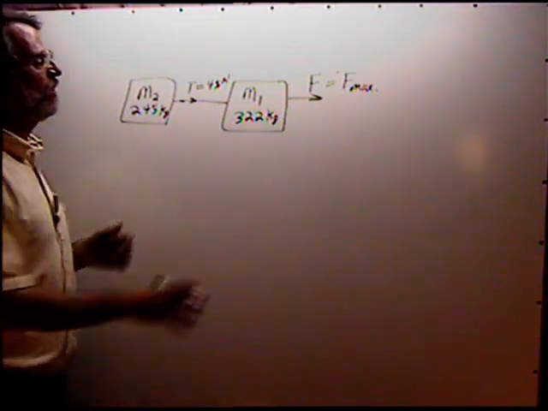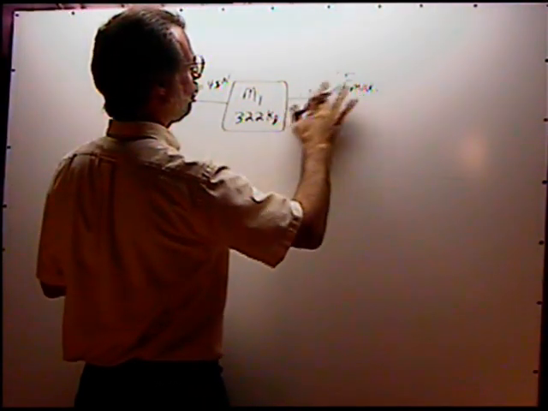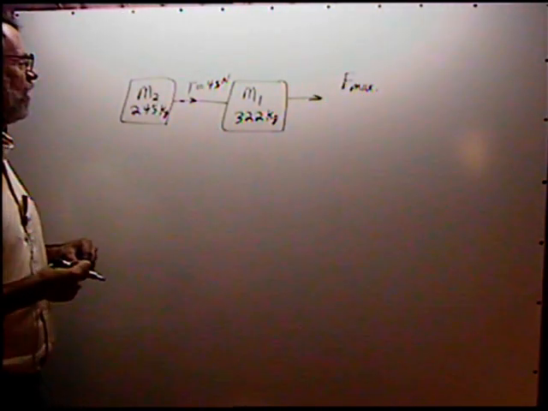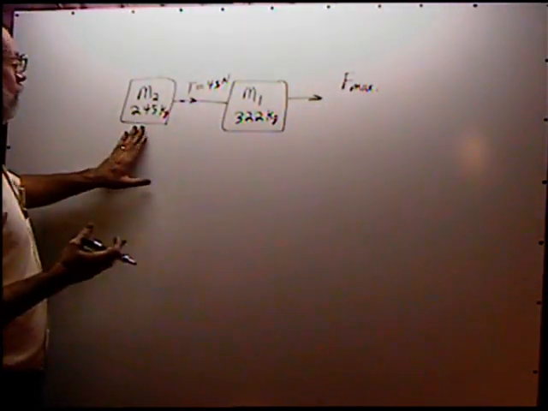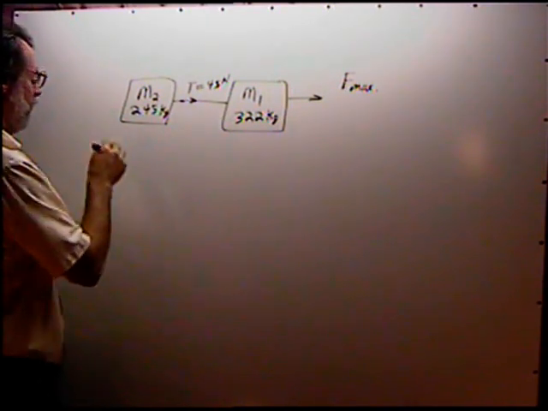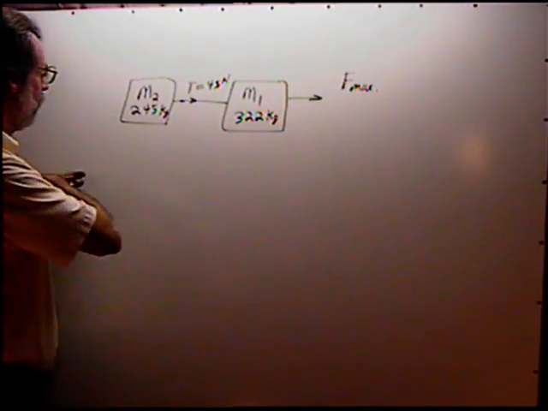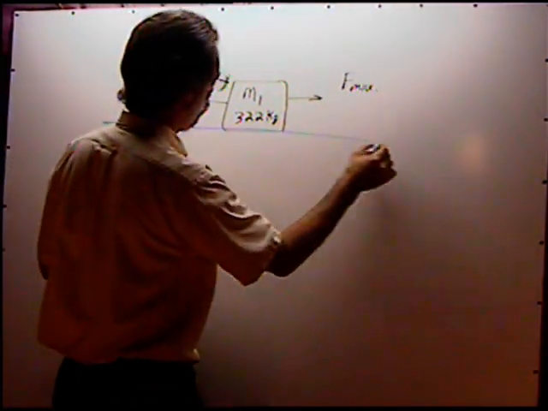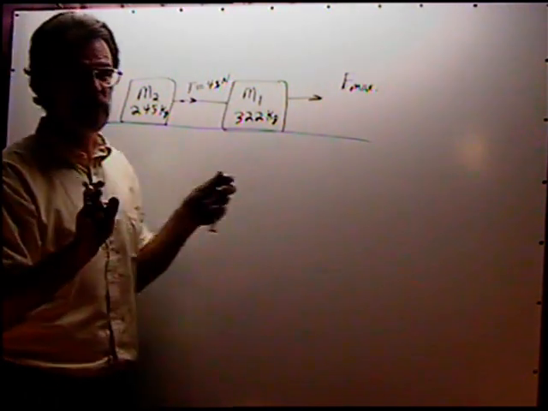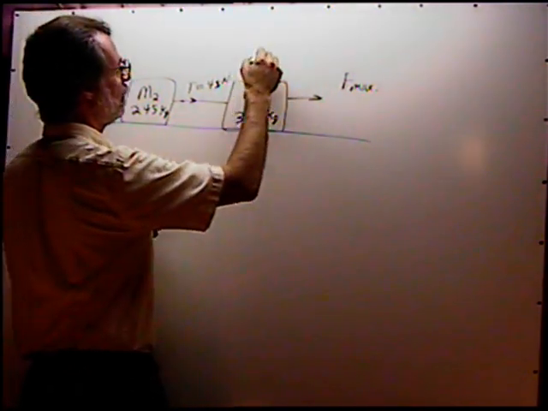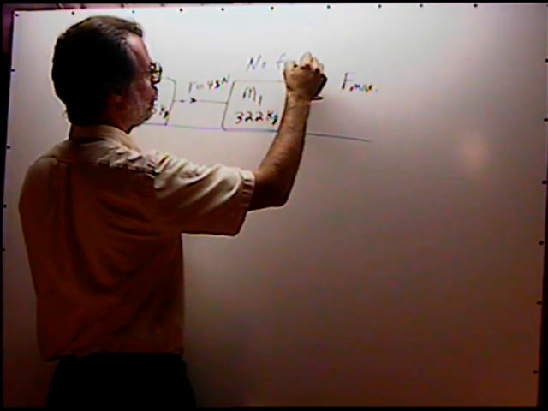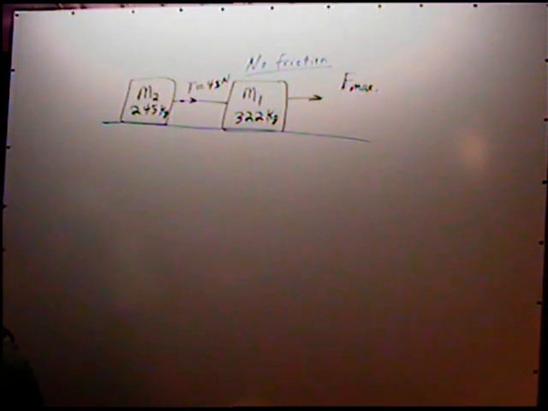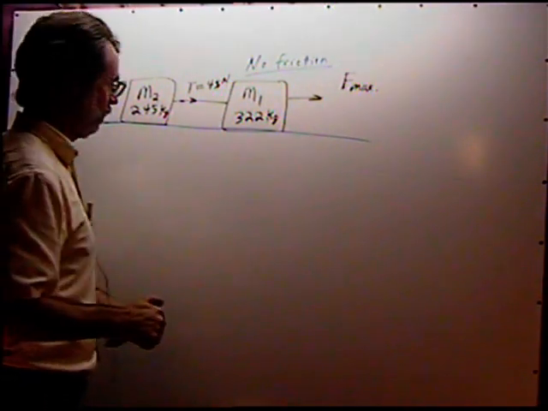Well, how do we solve this kind of problem? It's a one-dimensional problem. There's a road or a surface. We're going to say that there's no friction. The assumption here is that there's no friction. We could solve it with friction, but I think the problem says ignore friction.